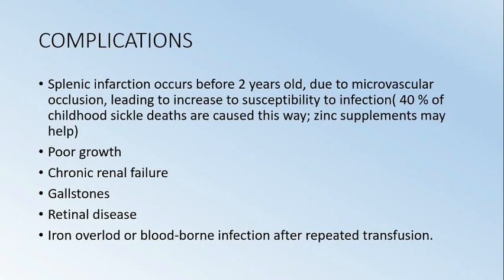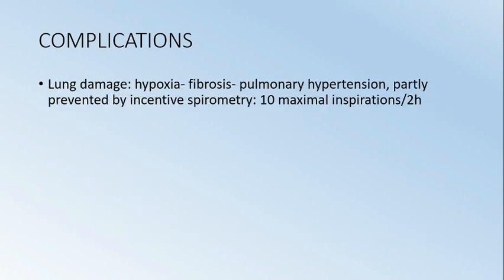Okay, let's go to another complication we might see, which is lung damage. And the lung damage, as we said, when it's polymerized, due to the hypoxia, it can lead to fibrosis, and also lead to further pulmonary hypertension.